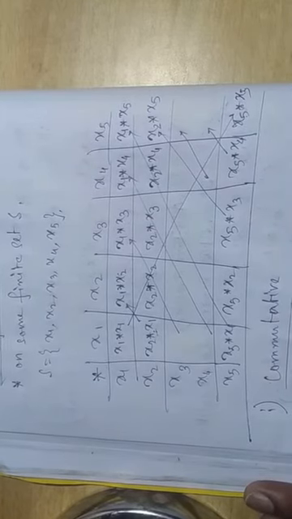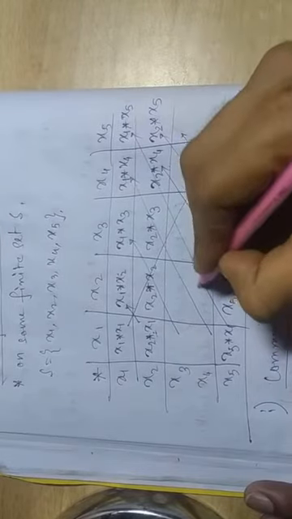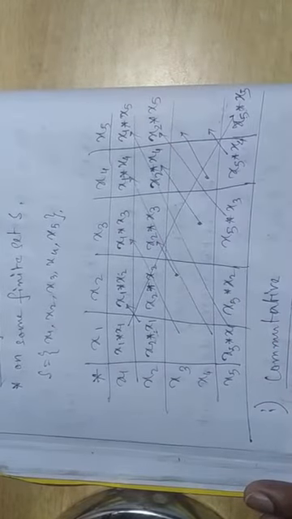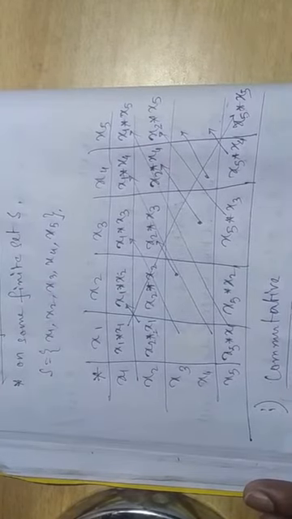If this is happening, then we can say that the table is symmetrical about the diagonal, and if this is happening, then we can say that the operation is commutative.